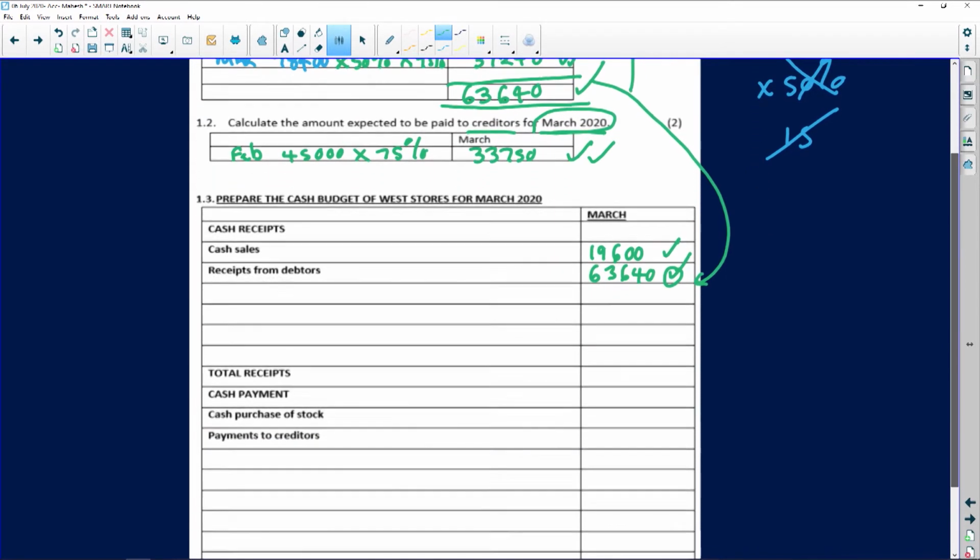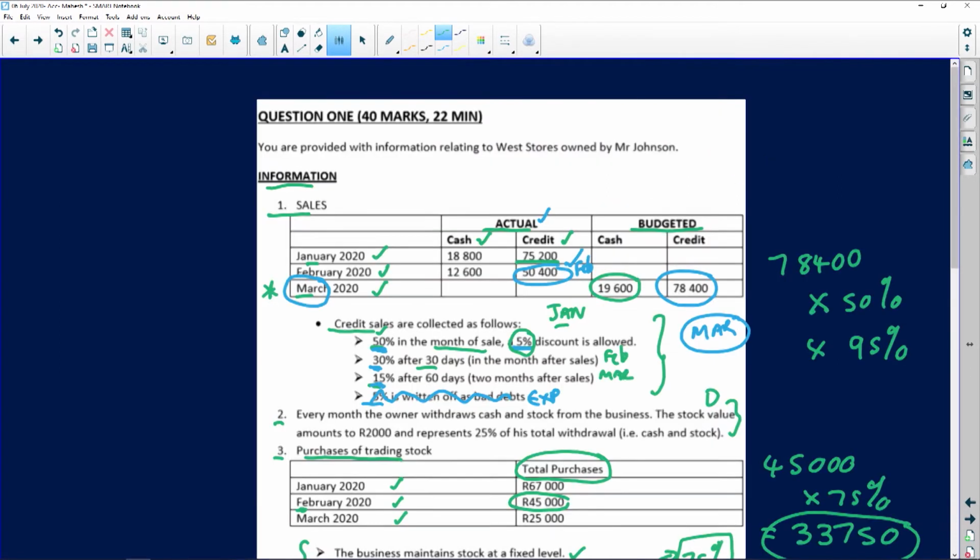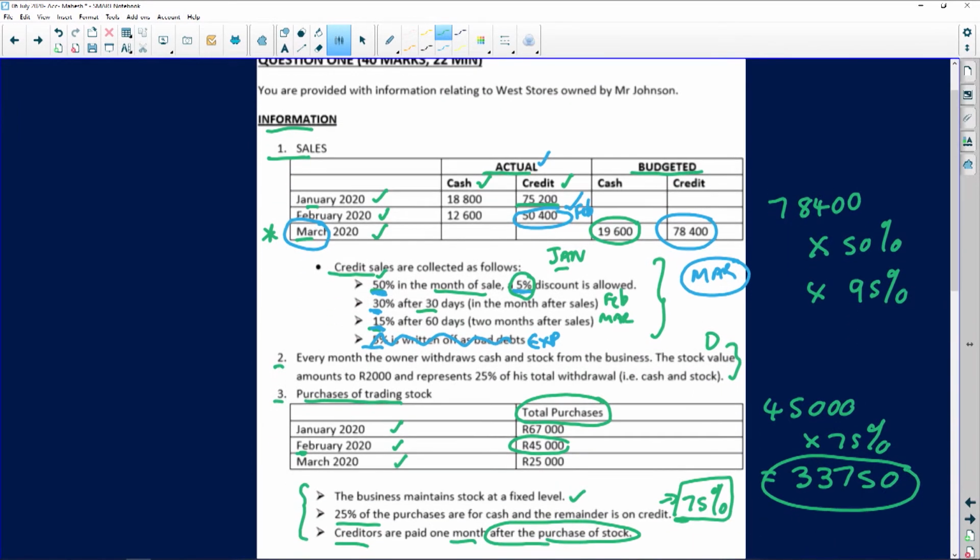Let's now look at cash purchase of stock, payments to creditors, and then obviously we will tackle the rest of the information. So your cash purchase of stock, remember, we're obviously looking at the month of March. So if we go back to our information, purchase of trading stock, let's just change the color of the pen so that it helps you guys. In the month of March, my total purchase of stock is 25,000.